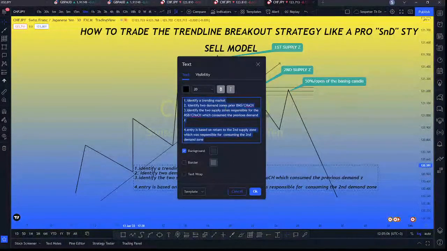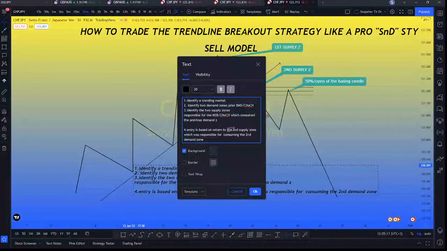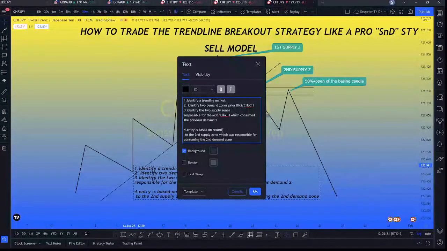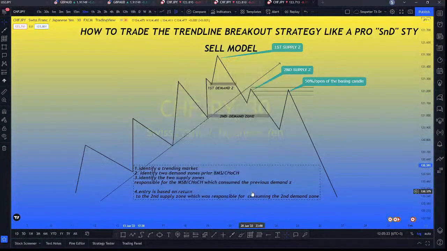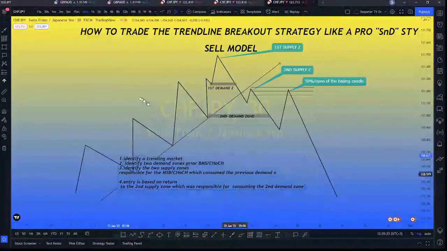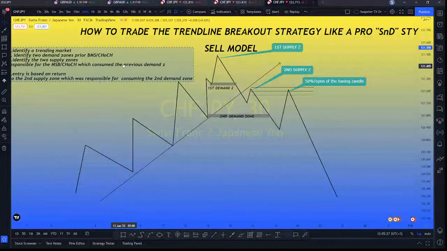Let me do these. Supply zones. Let me do these. Return. That's a bit better. So you can place it here.